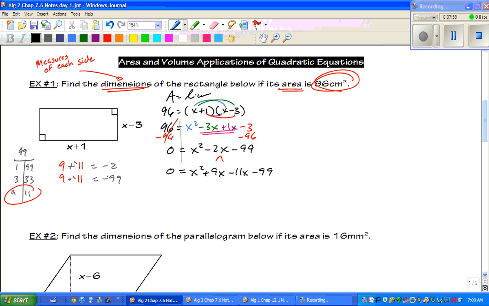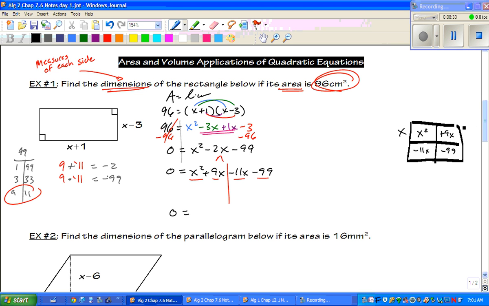Like if you're going to do the box method, which I will do a quick example of over to one side, or if you're going to split the middle term and do that, that's all on you. I'm just going to write what it is down here. So we'll set this up: x squared plus 9x minus 11x minus 99.